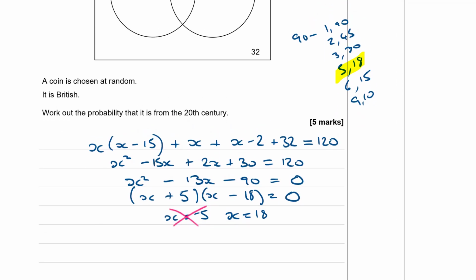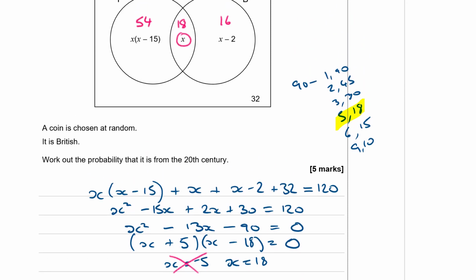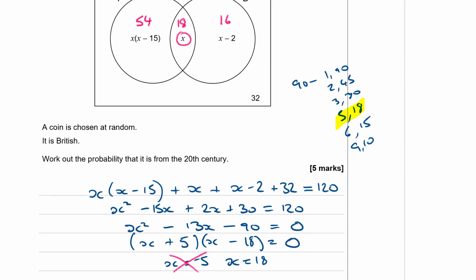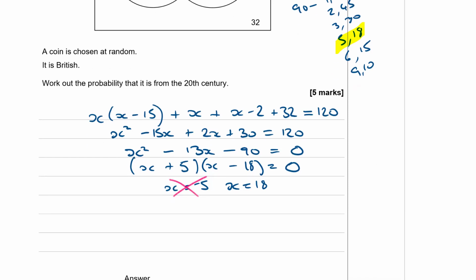So we already know that it's British, so we know it must be inside the B circle. So it must be one of 18 plus 16 coins. There are 18 plus 16, that's 28, 30, 34 British coins.